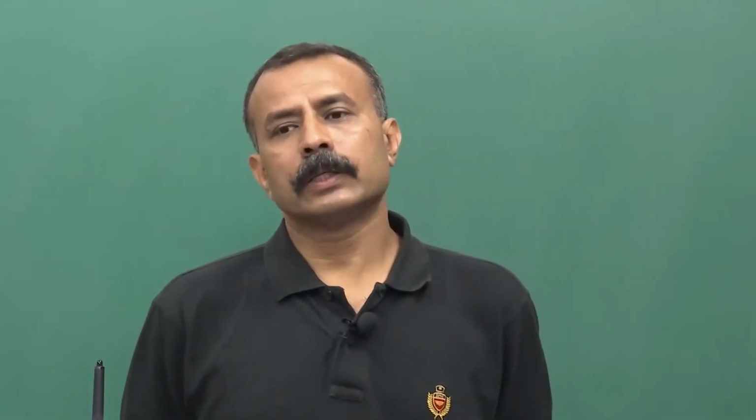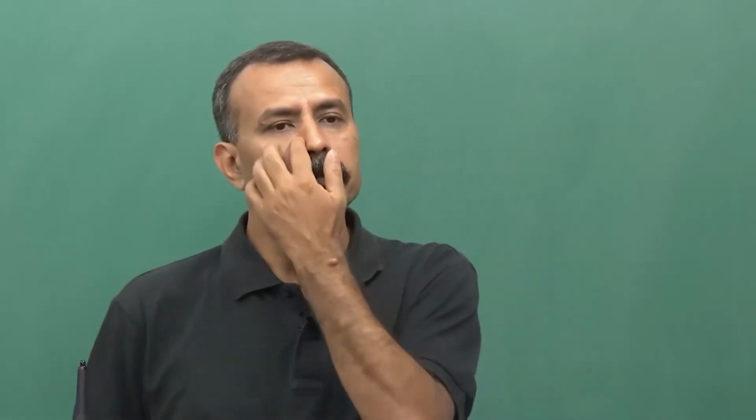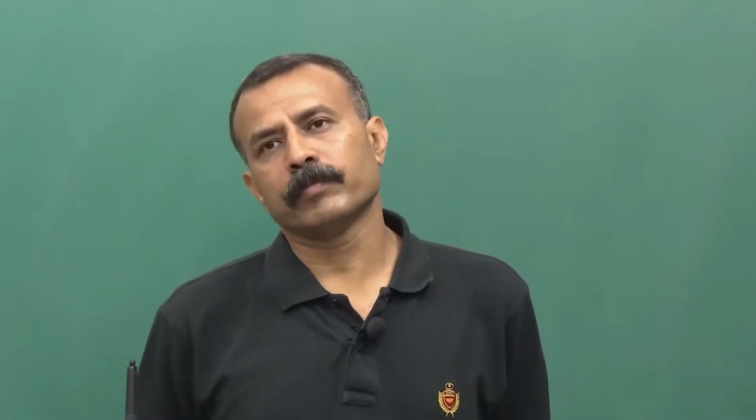So, welcome back to the third lecture of our fourth week. In the first two lectures of this week, we talked about the forces, velocity, tension relationship in the different kinds of muscle fiber.